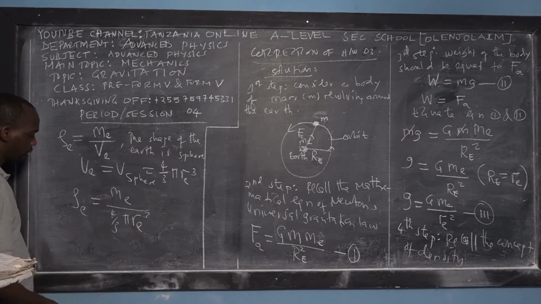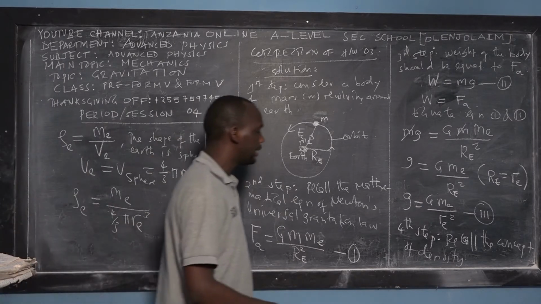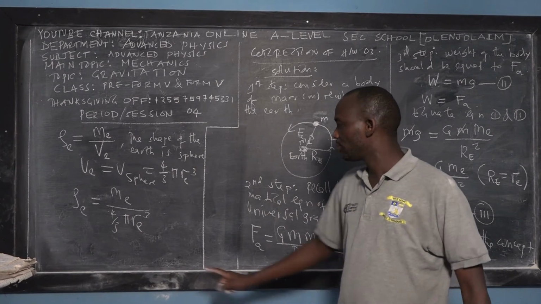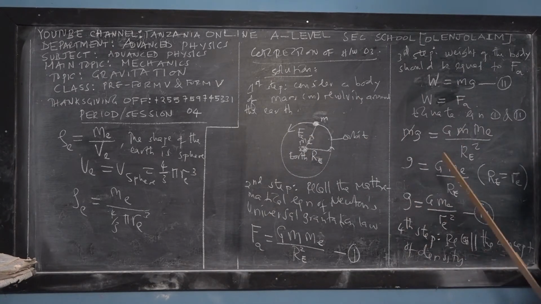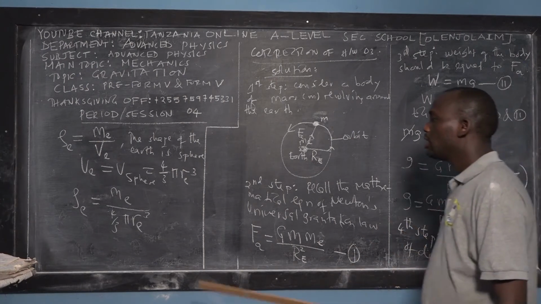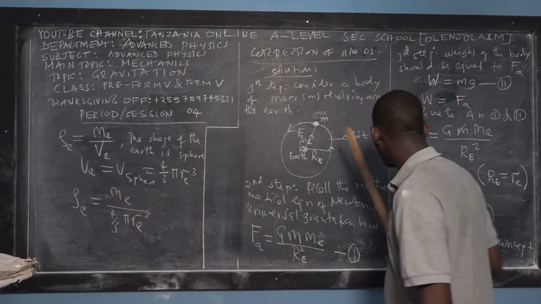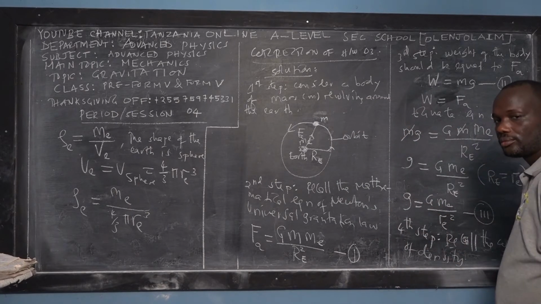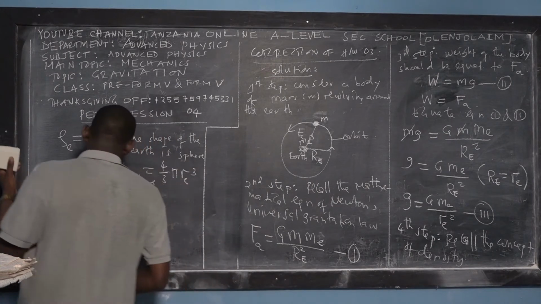So this is equation 3, and this is equation 4, and there is a relationship between them. What is the relationship? Here we have the mass of the S in the numerator, and we also have the mass of the S in the numerator. So you can make this the subject and then substitute here. If you understood, and if you have a question, please ask in the comment section.